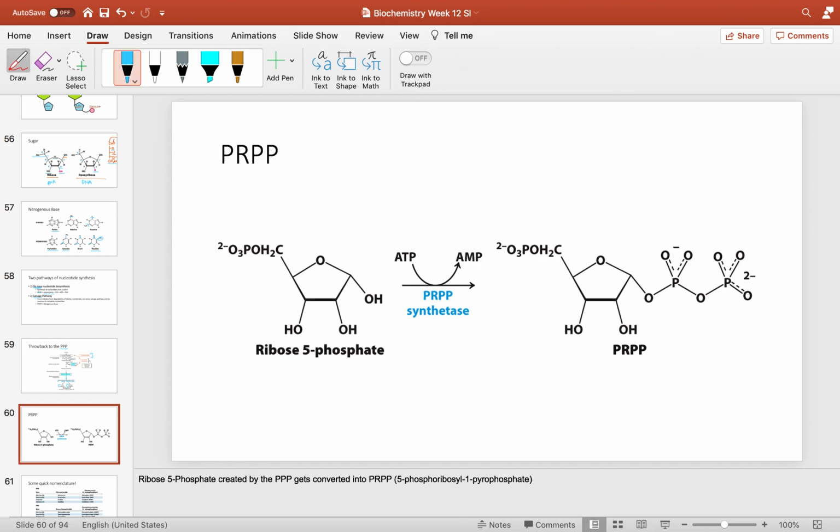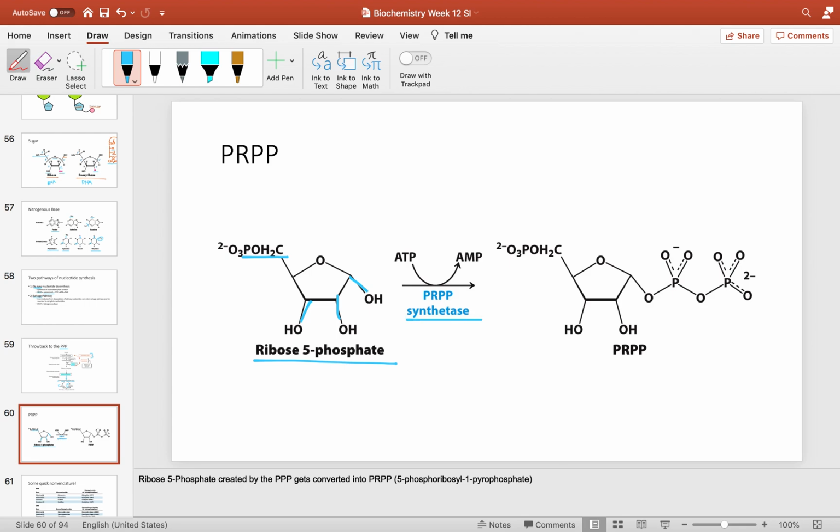Alright, so let's take a more in-depth look at that. So we see the PPP, pentose phosphate pathway, produces NADPH and ribose 5-phosphate. Remember, this is ribose. It has the OH, OH, and OH facing down, and it has the CH2OH up here. This ribose sugar will now undergo a reaction with the PRPP synthetase enzyme.